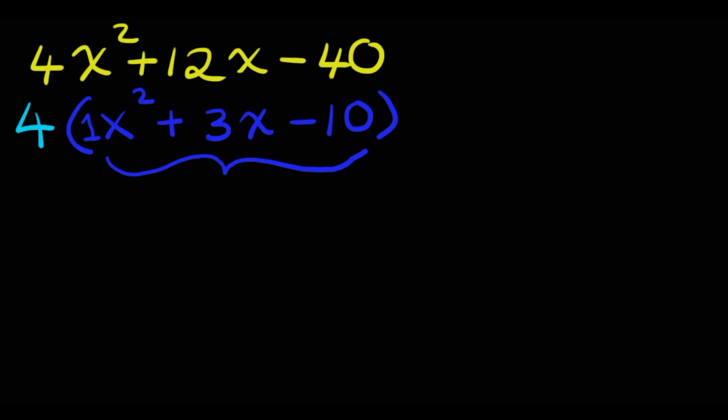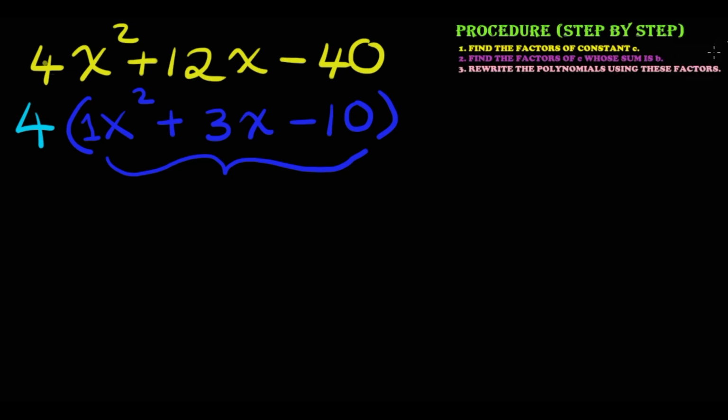So we're going to bring in the procedure of how to do this. It's really important that you learn the procedure, and the best way to learn it is to write it down as many times as needed to remember it. So here's your procedure. Let's go through this step by step. Step number 1 is to find the factors of constant c.